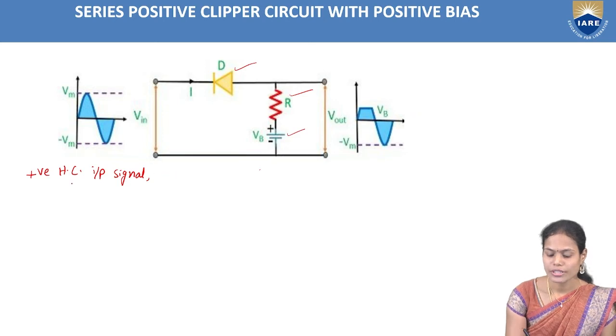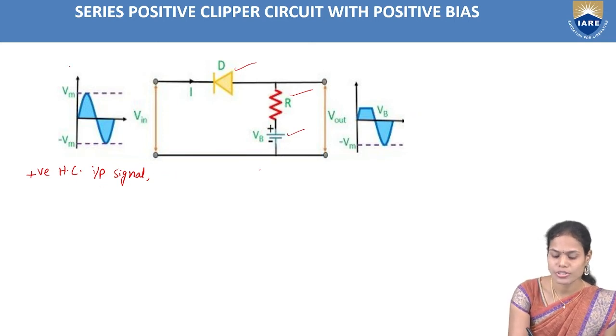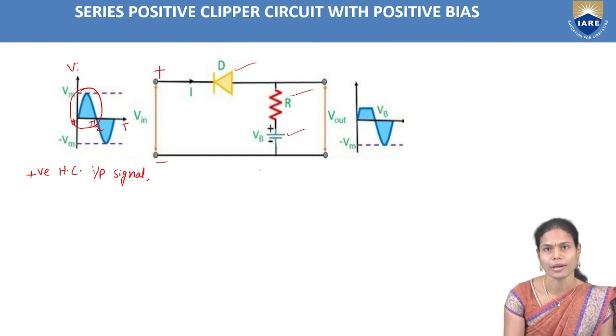When we take the positive half cycle of the input signal, that is plus Vm signal we are applying here, here it is plus, here it is minus. That is nothing but for the cathode terminal of the diode, we are providing the positive voltage.